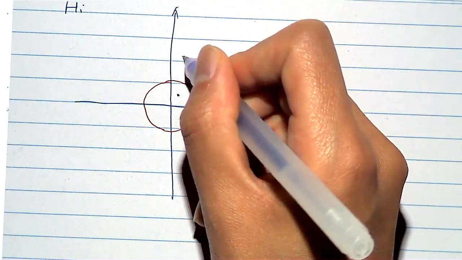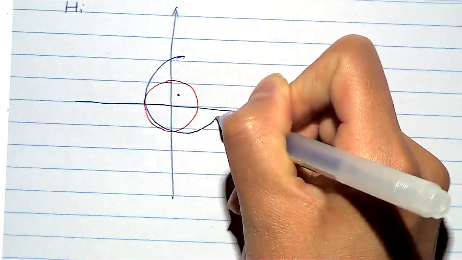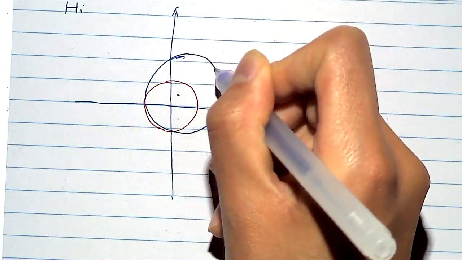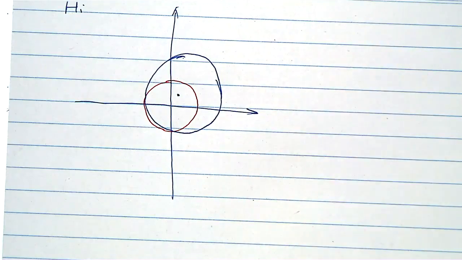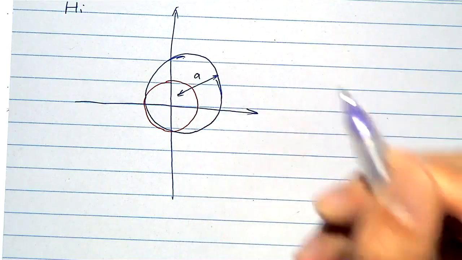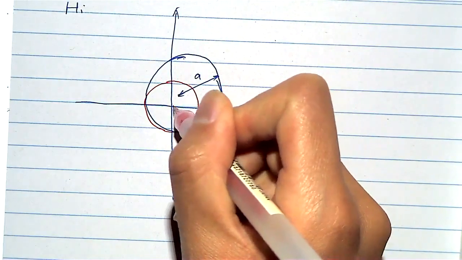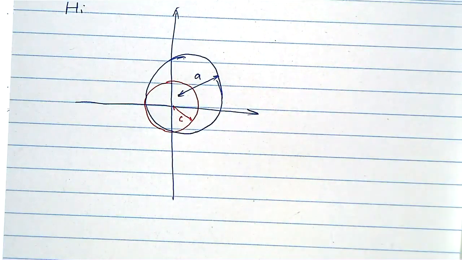And then just let me draw the circle around it. Okay, so the radius of this circle is A, and the radius of the Joukowsky circle is C.